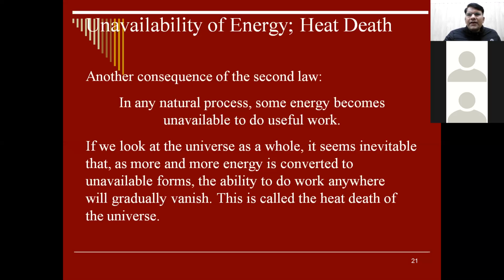If you are supplying, suppose, 1000 joules of energy to a system, then 1000 joules of mechanical work will not be produced by that system. Suppose out of 1000, you get 200 joules of mechanical work, then 800 joules is the amount of energy that will be lost. That amount of energy is known as unavailable energy, or heat death.